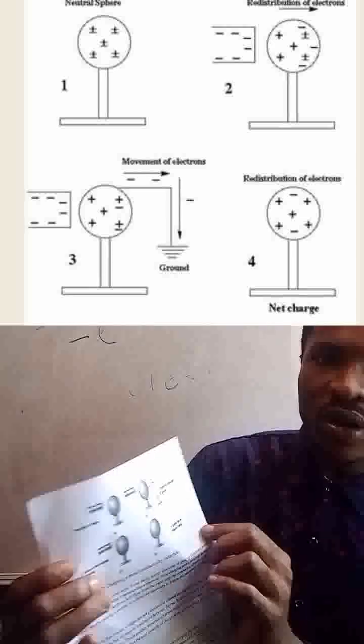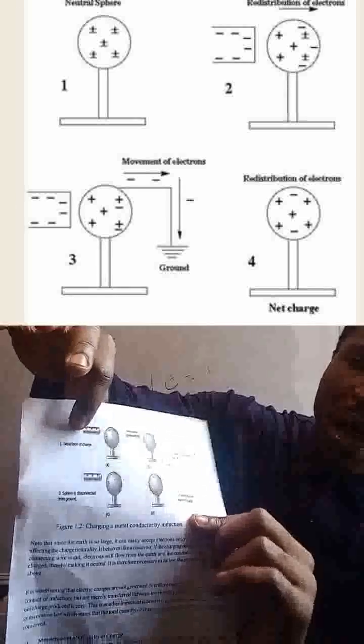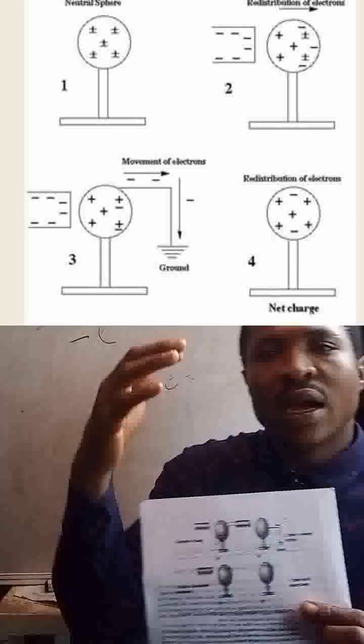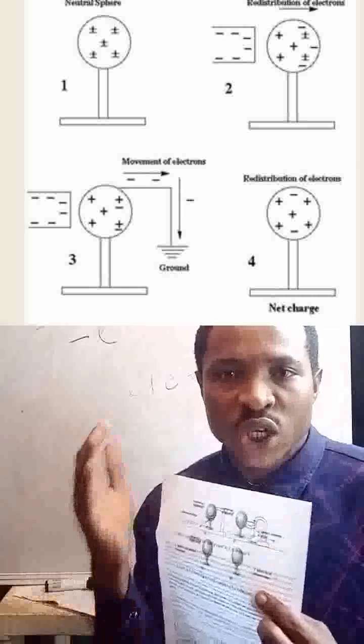Now what really happened, if you observe very well, is a kind of separation of charge, in the sense that this object is positively charged. It's going to repel, because an insulator contains an equal number of electrons and protons, or equal number of charges. You understand?